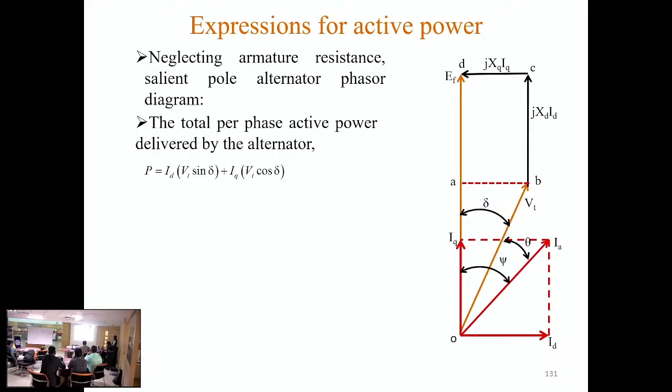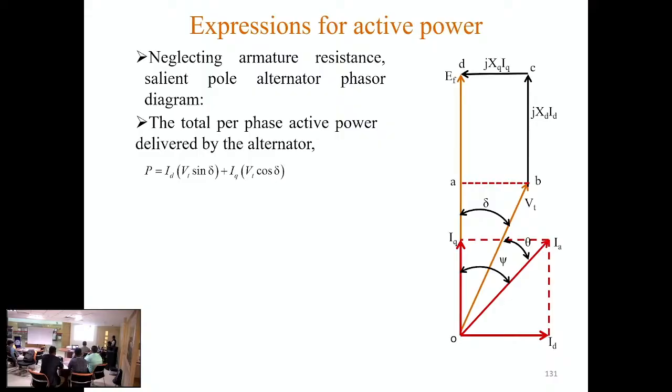So here Id and Iq, two active currents are there. So Vt sin delta, see Vt sin delta, which component is this? Vt sin delta, red dotted. This one, AB.